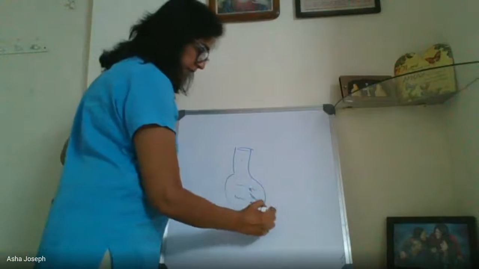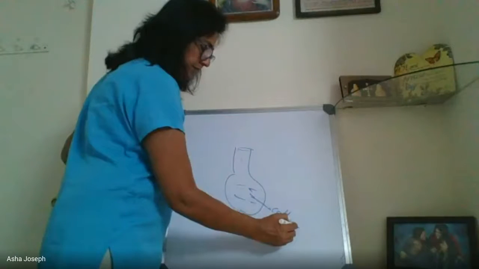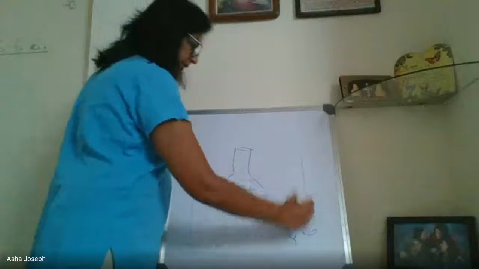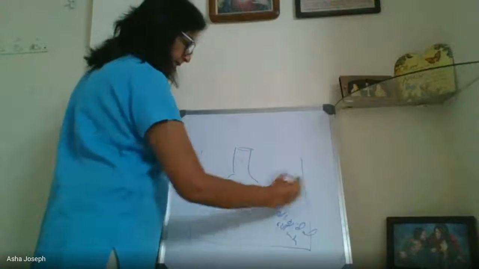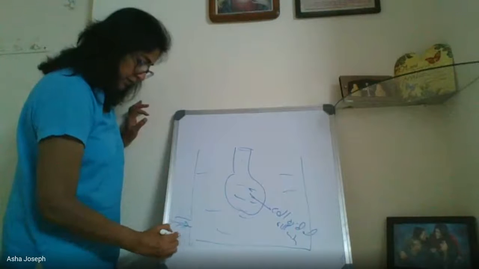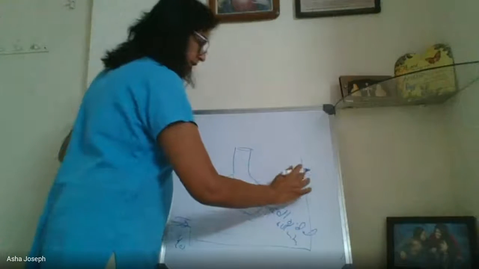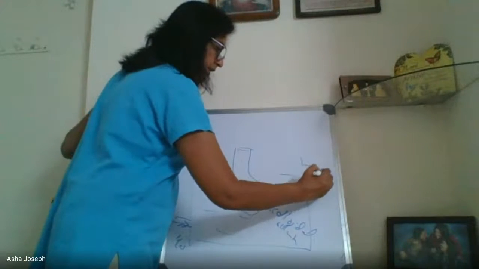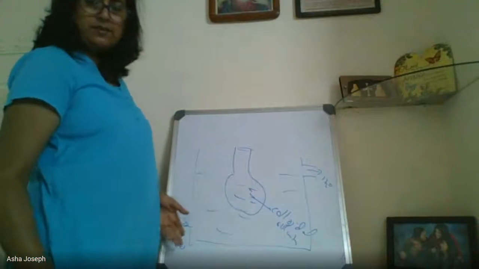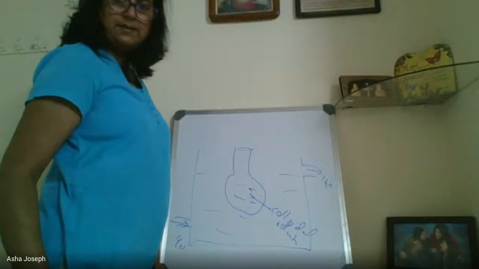Inside you will take colloidal solution, and the full bag is placed in water. And continuously you have to pass fresh water, so inlet and outlet. You understood? Why inlet and outlet? Because fresh water should be passed continuously.